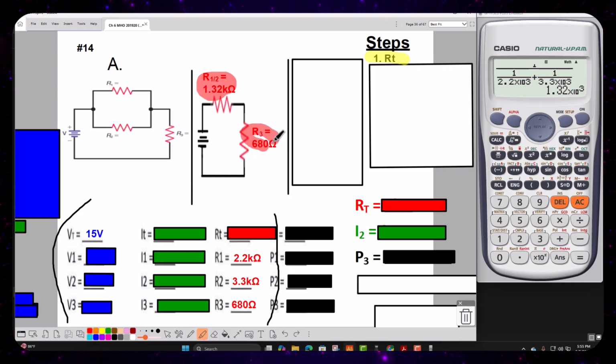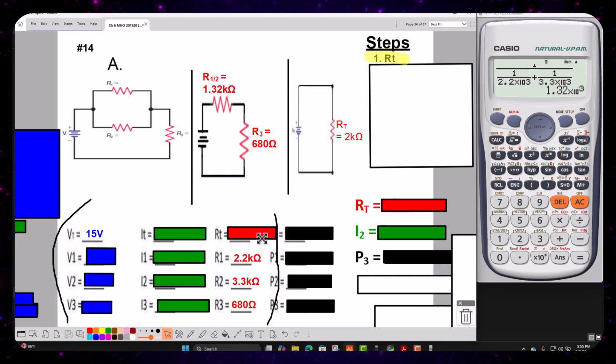So now this gives me 680 ohms in series with 1.32 k ohms. What do I do with resistors in series? I add them together. So if I add 1.32 k and 680, my total resistance is 2 k ohms.